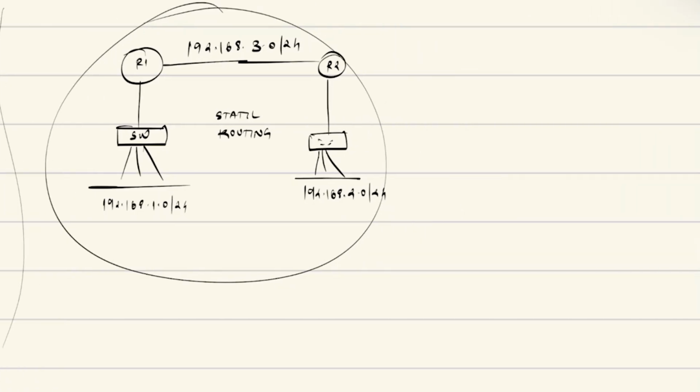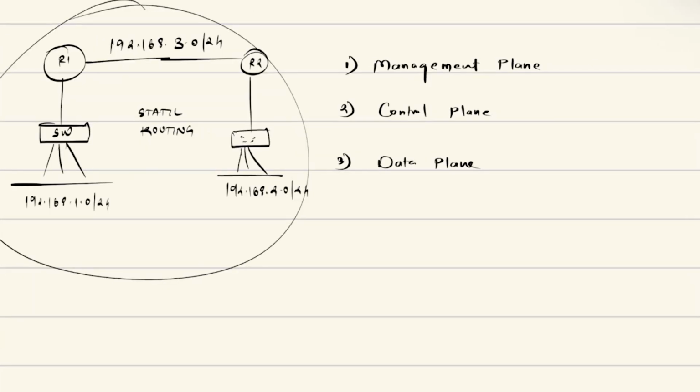And all of these tasks are performed by three planes. So every device has one, a management plane, second, a control plane, and third, a data plane, right?